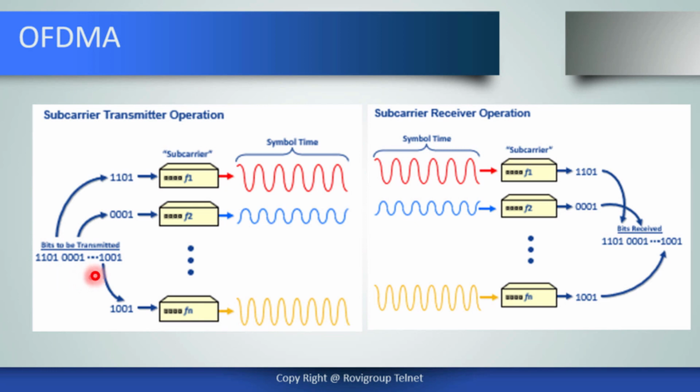Now we have our useful information that we want to transfer. So some of the information will go through F1, then through F2, and up to Fn. At the receiver side, the same information is received and we have our received information over here.